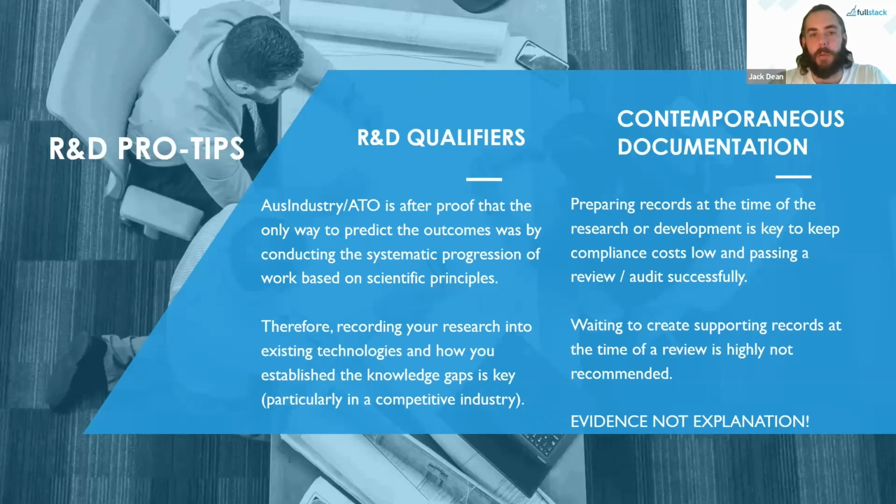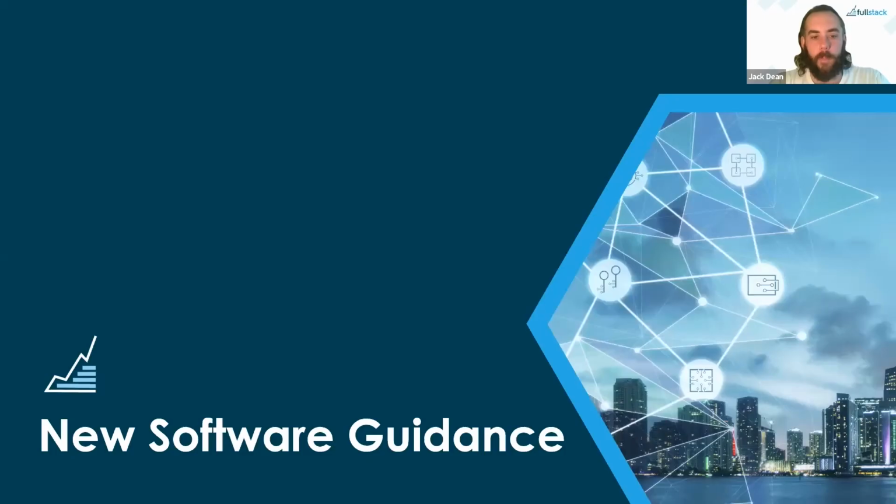So if you do ever get into audit or review activity, you want to provide evidence, not try and explain it. If they say, demonstrate that the purpose of conducting this activity was to generate new knowledge, having some board meeting minutes or a project plan or something that specifies that, with a date on it from sometime in the past, is better than trying to explain it post hoc.